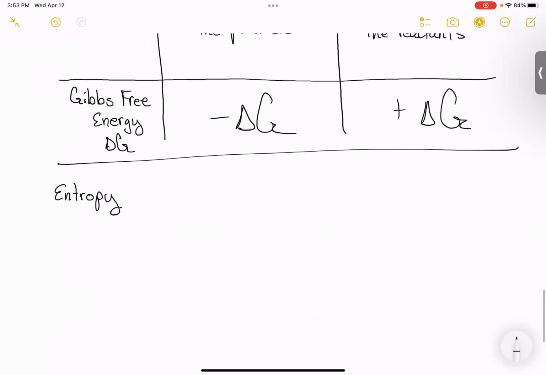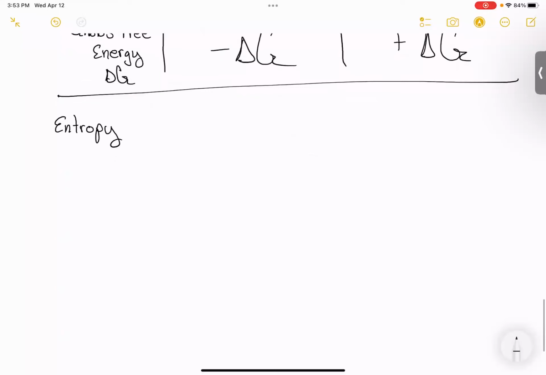Now, let's talk about things that will impact entropy. The most important one, the first thing you should look at, period, is the state of matter.